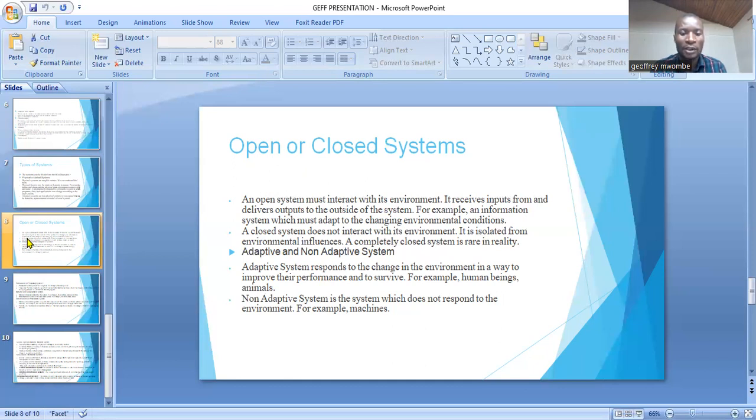Another system is adaptive and non-adaptive system. An adaptive system responds to the change in the environment in order to improve its performance and to survive. For example, human beings, animals. A non-adaptive system is the system which does not respond to the environment. For example, machines.